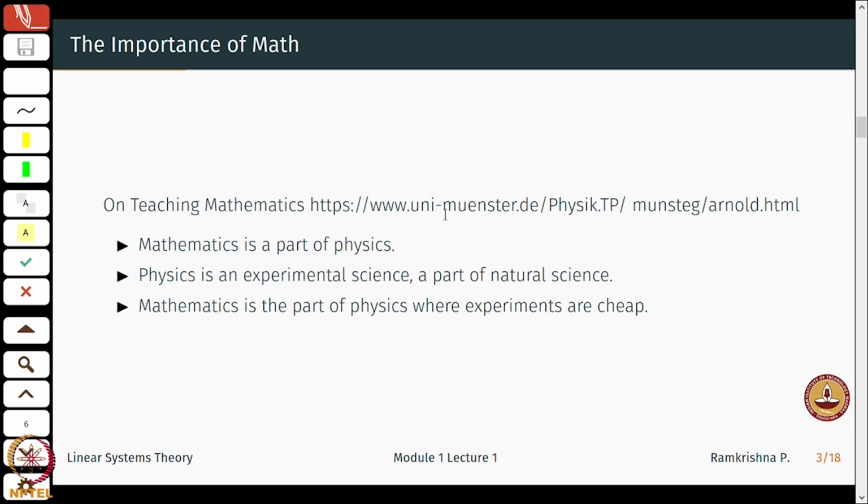Then I would have to do a million experiments, and it is very likely that I might end up damaging the equipment. So the power of math here, or what I am trying to introduce you to through this course, at least in the initial part, is the power of mathematics in understanding the dynamics of a system, and also to develop tools for analysis and design purposes.